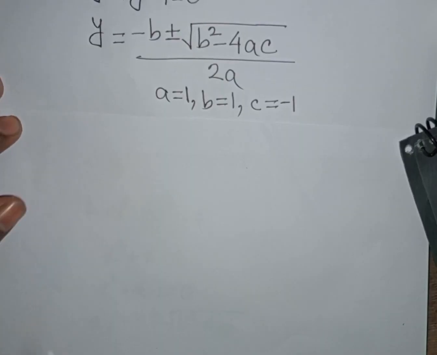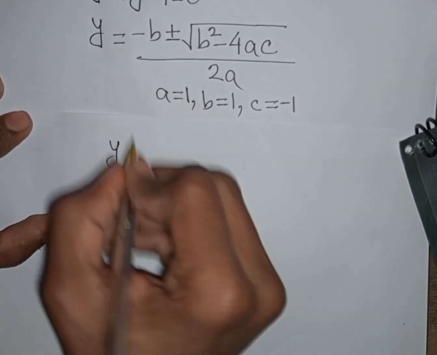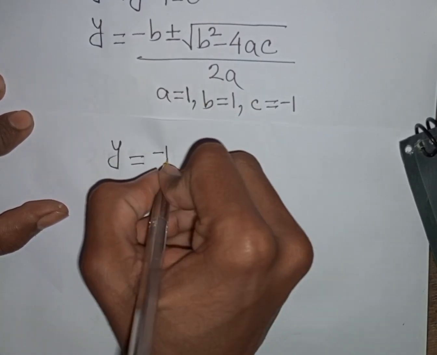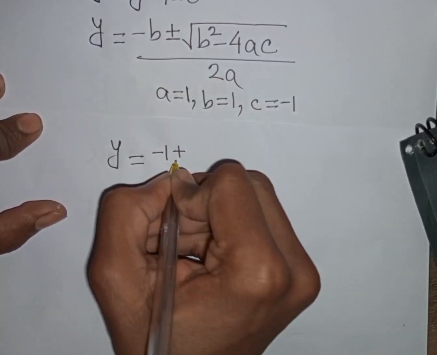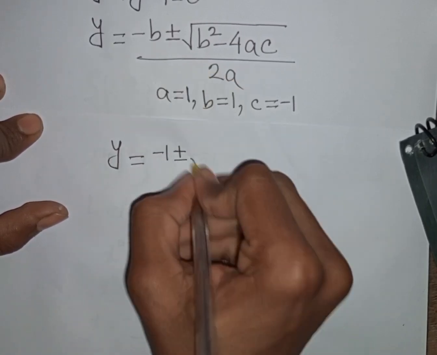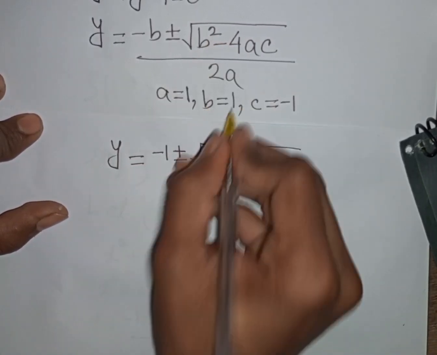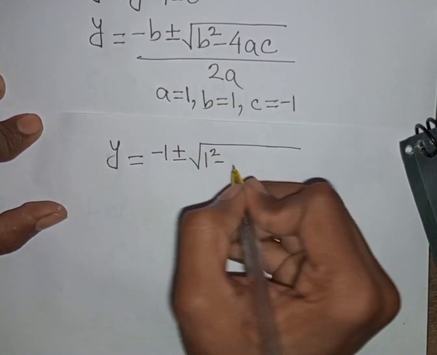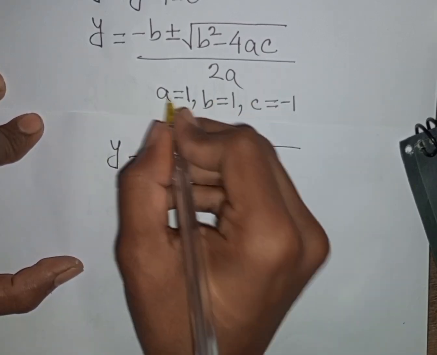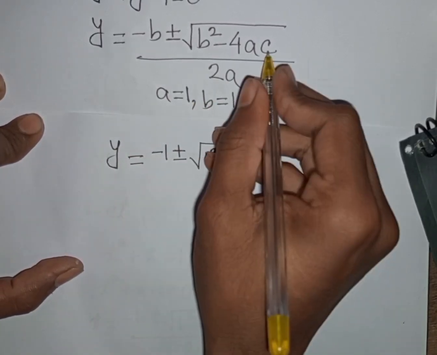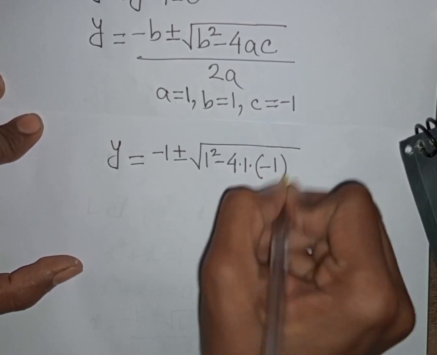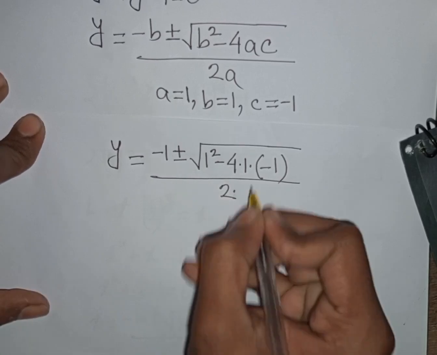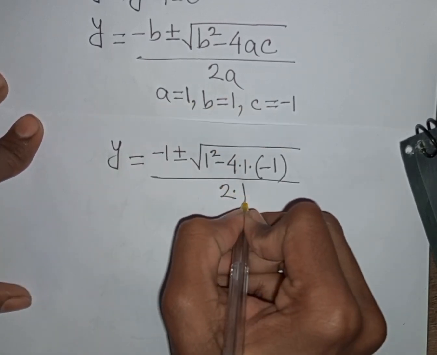Now we can write here y will be equal to minus b, that means minus 1, plus or minus square root of b square, that means 1 square, minus 4 times a, that means 1, times c, that means negative 1, divided by 2 times a, that means 2 times 1.